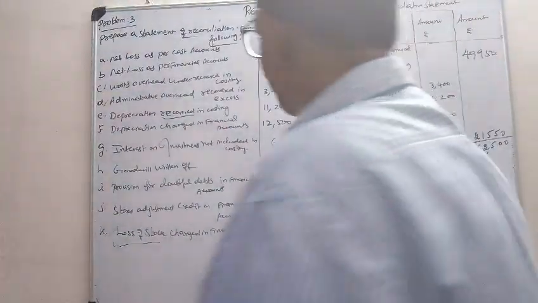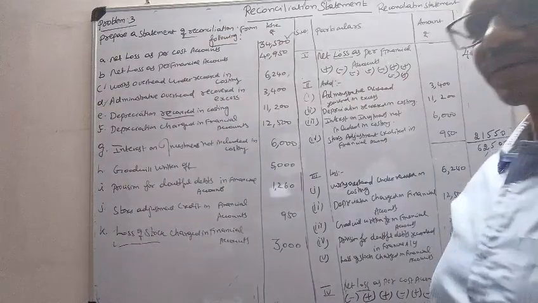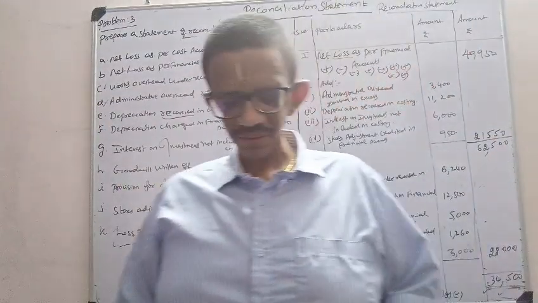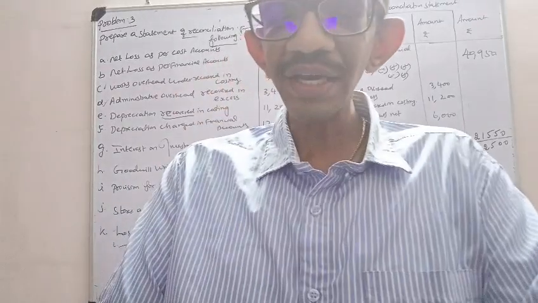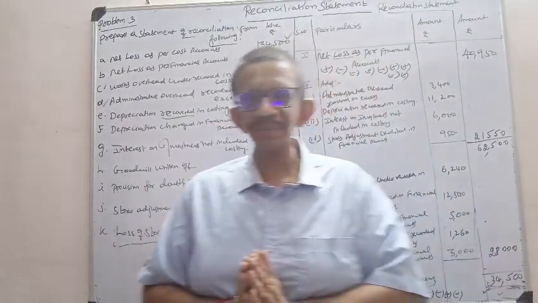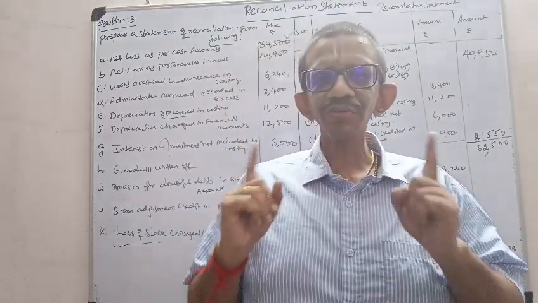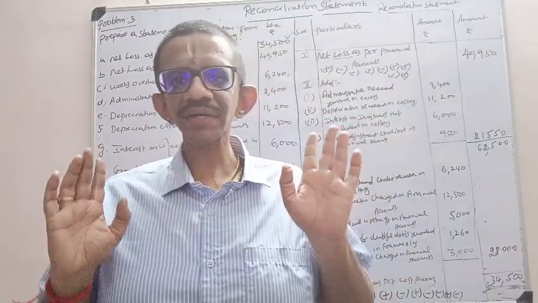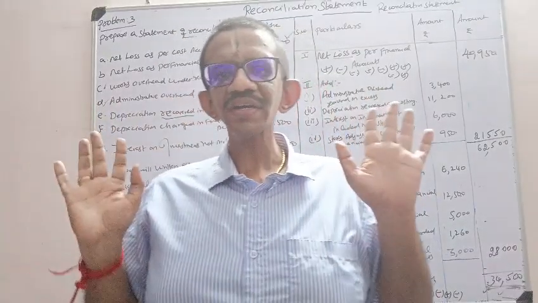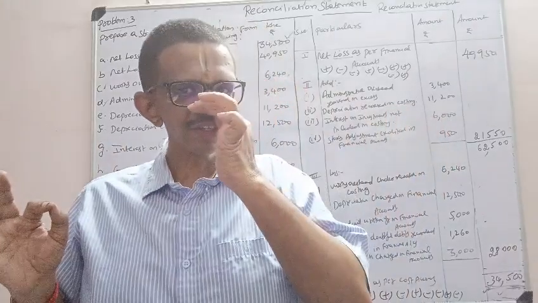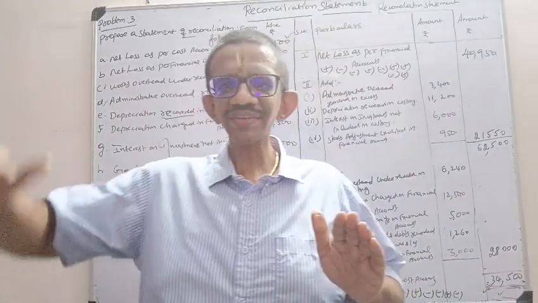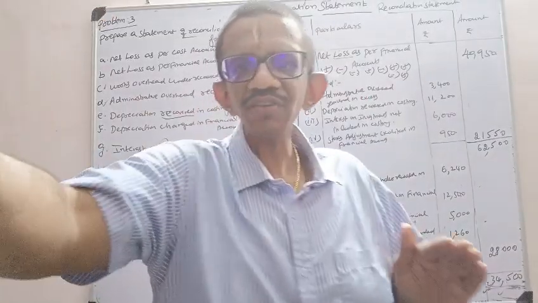As far as this particular problem is concerned, it's very simple logic. Again, I repeat: when you take any cost profit or financial profit as a base, you have to bear one thing in your mind. As far as a profit oriented problem is concerned, if any income increases, profit level also increases.